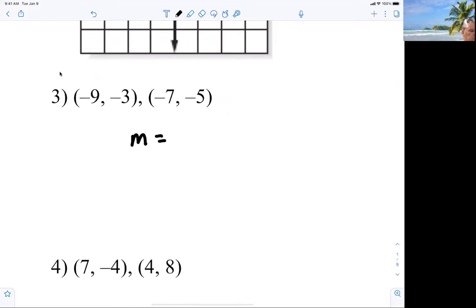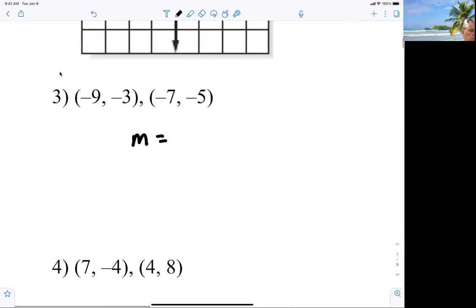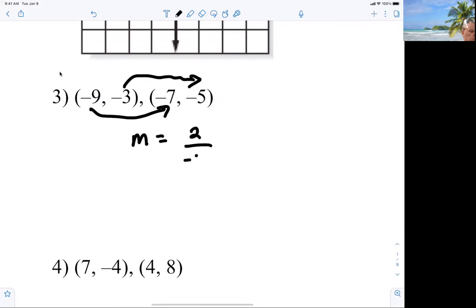So your slope is equal to, now here, I'm always trying to find positive. So -3 plus 5 is 2. And then -9 plus 7 is what? So that slope was -1. I know it's a review, and some of you, it might have been a while. Tell me if you're not sure about something, because a lot of you are going to be taking tests.